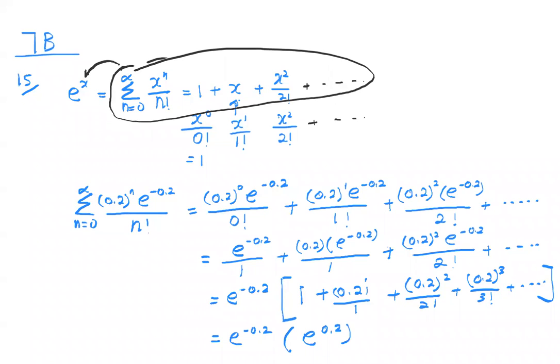This is my x. See or not? The answer is yes, that's all. That is called evaluate. The answer is equal to 1: e to the power of negative 0.2 times e to the power of 0.2, the answer is 1.